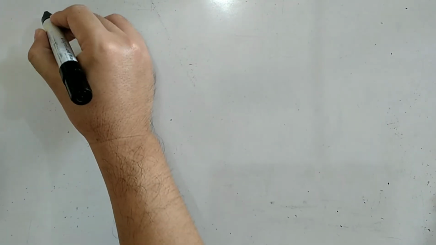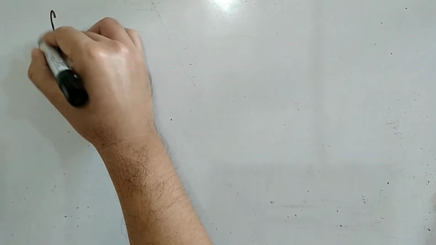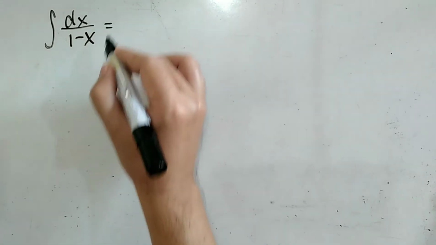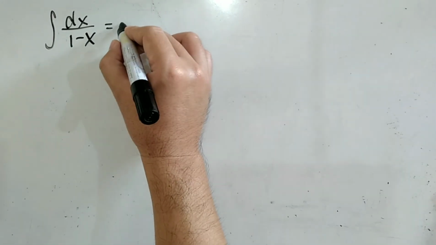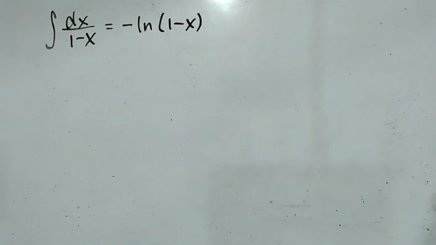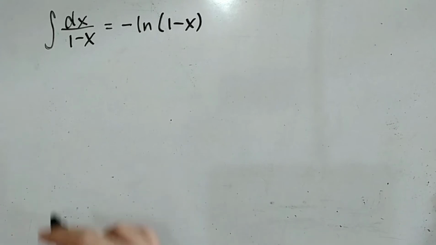For some of you who might still be wondering about the integral of 1 minus x, why did it become negative ln of 1 minus x, we will review a little of your integral calculus.